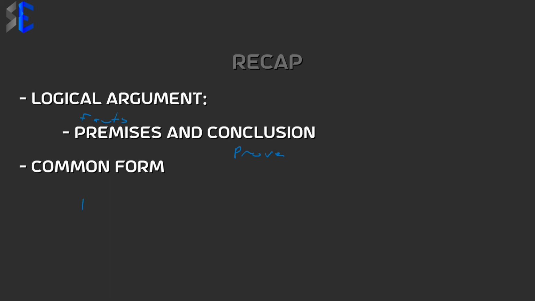So like if P or Q, then R, and then you can go on down to here, and then therefore, again that's just 3 dots in a triangle, R. And in this case, these would be your premises, and this would be your conclusion. So that's all common form is. It's basically just removing the specificity out of the logical argument.